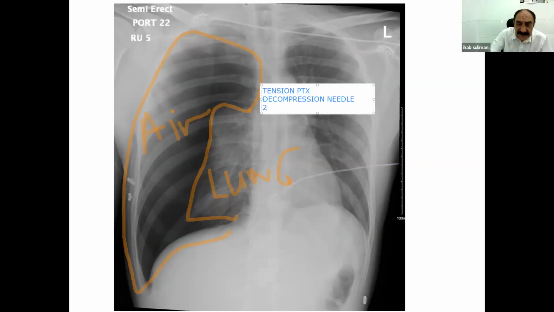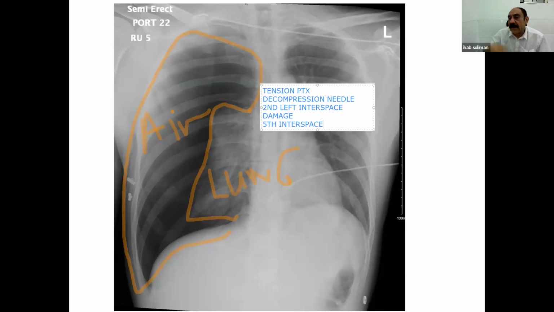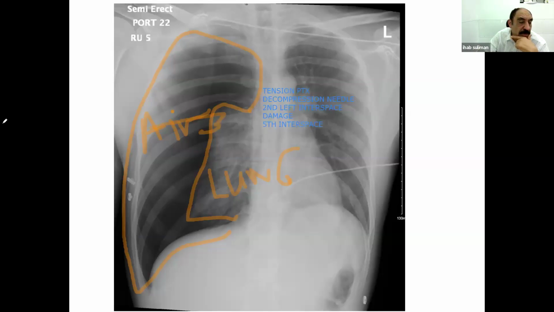It used to be in the past in the second interspace, but they say this can cause more damage. Now the accepted place is the fifth interspace. So no longer you do it here, you can do it here. So this is for the needle decompression of tension pneumothorax.